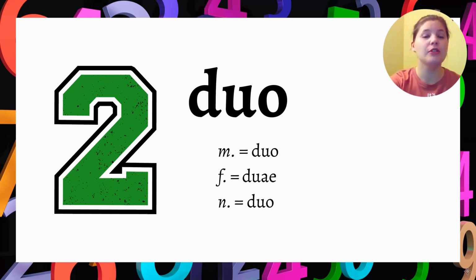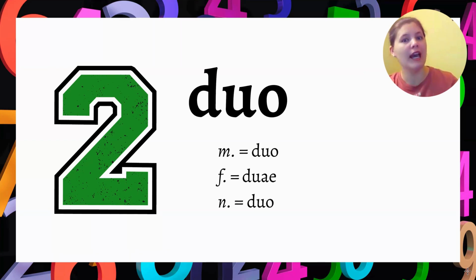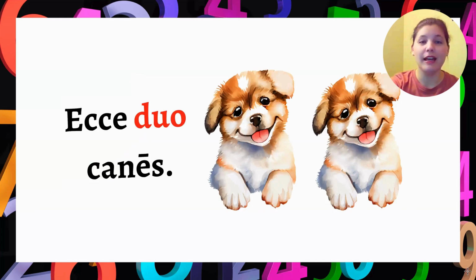The number 2, duo, also has some different versions. So for masculine nouns, we'll use duo, for feminine, duai, and for neuter, duo again. Ecce duo canes. So now it's not just unus canis, we also have duo canes.